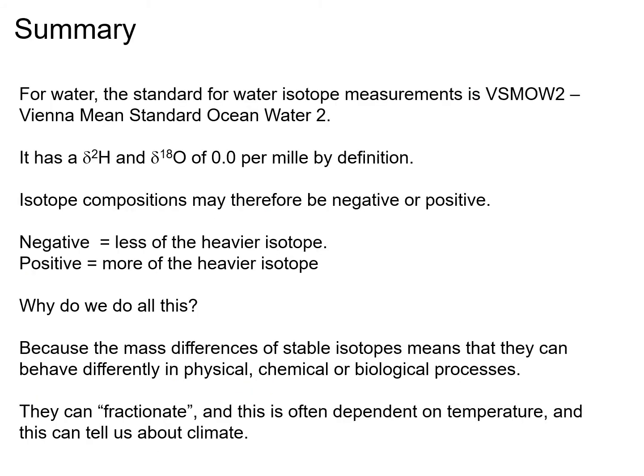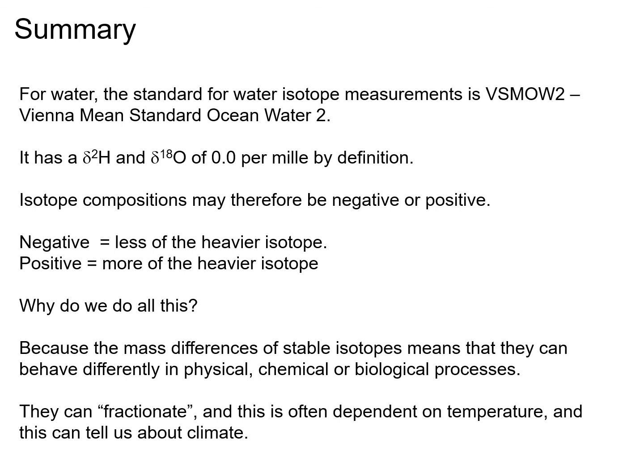Okay, so far we know that we have a delta symbol, and that tells us that we're going to ratio the two isotopes, the heavier and the lighter, and it's relative to a standard. The standard will vary depending on what you're measuring. For water, the standard for water isotope measurements is VSMOW2, which stands for Vienna Standard Mean Ocean Water 2.